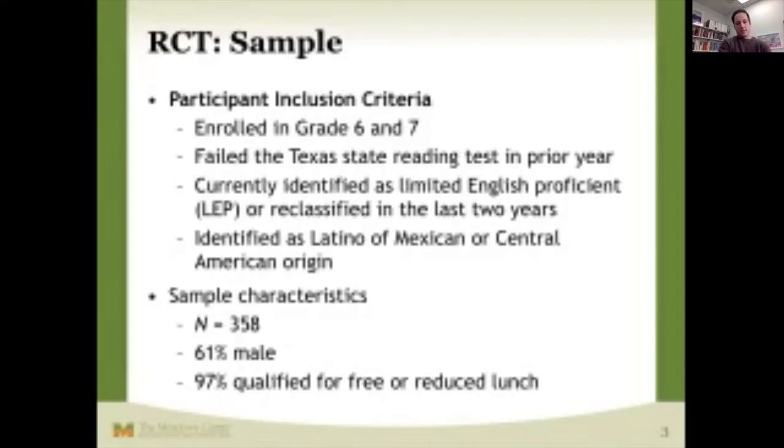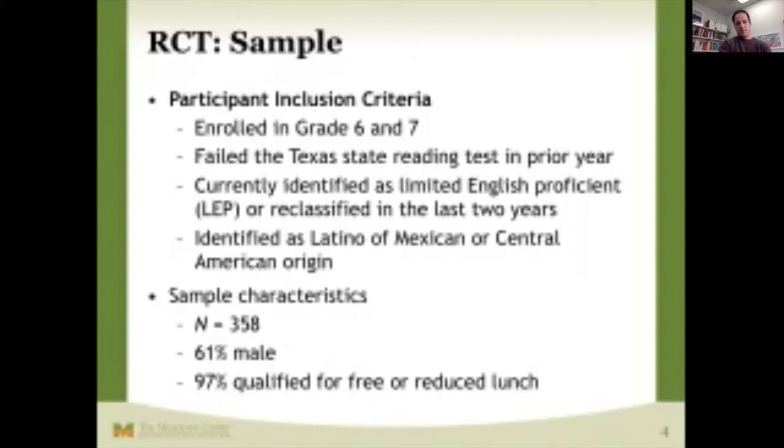So in our study, we were focused on students in grades 6 and 7, and we identified students based on their prior state reading performance. So if they failed the state test in reading in the prior grade, then they were eligible for participation in our study.